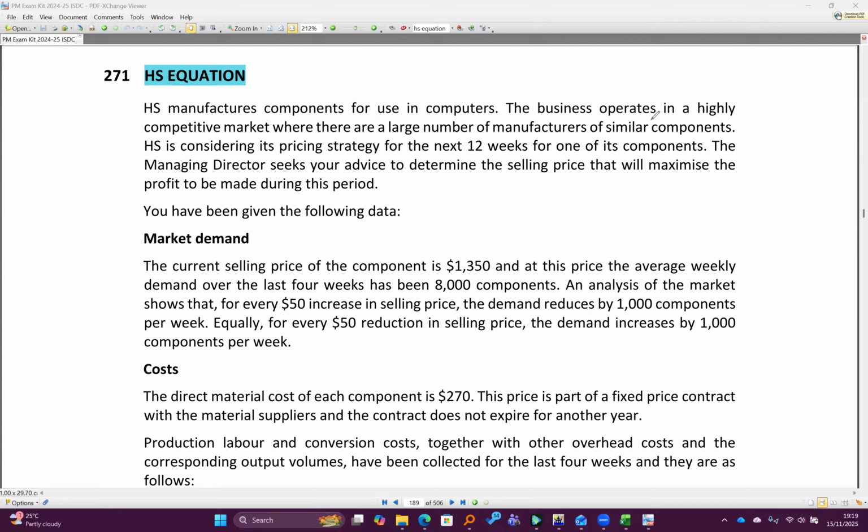So, highly competitive market, where there are a number of manufacturers for similar components. That alone will let you know that if you set a price that is very high, then you're not going to actually get customers, because people will eventually end up using your competitors.